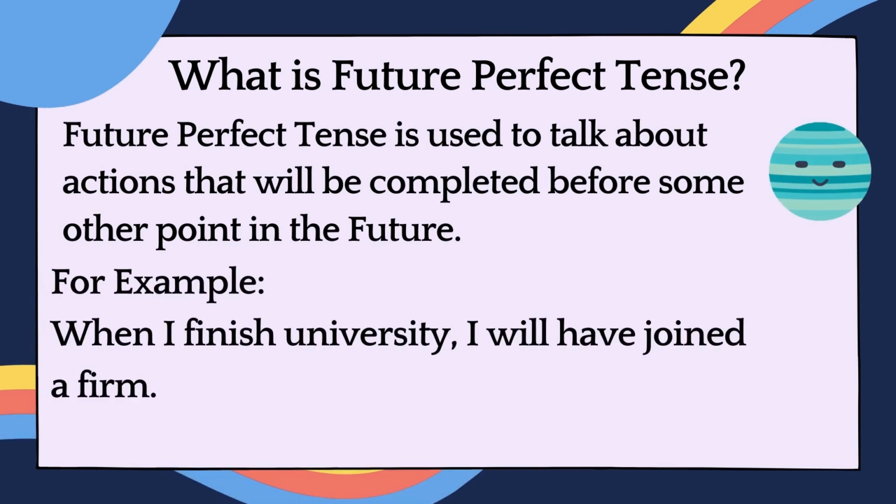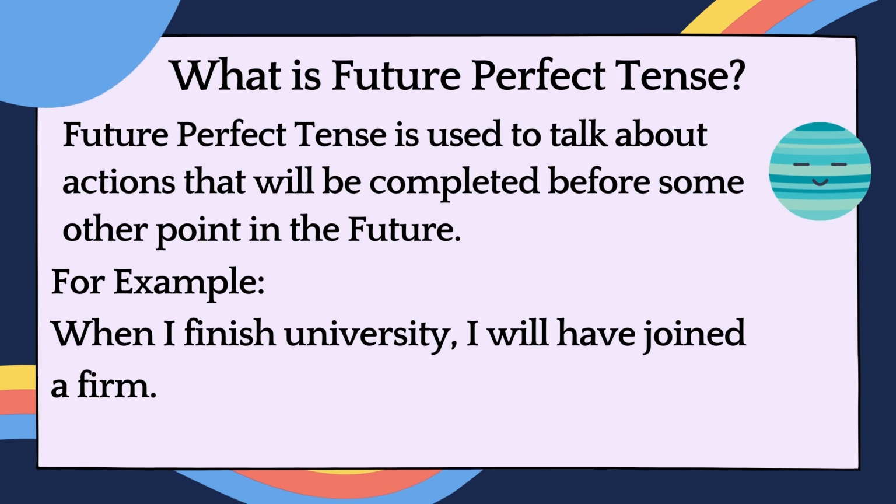Now we understand what actually is future perfect tense. Simply, future perfect tense is used to talk about actions that will be completed before some other point in the future. For example, when I finish university, I'll have joined a firm.